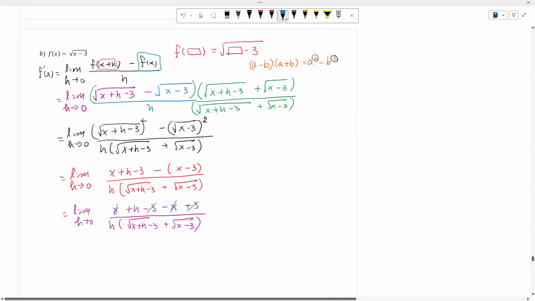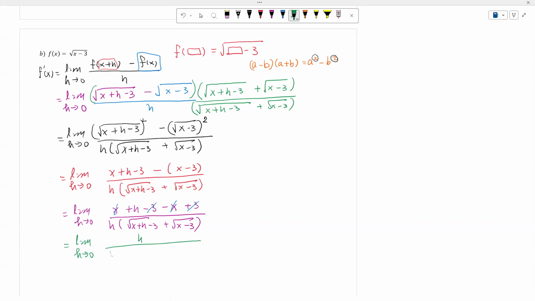Negative 3 plus 3 cancel out. h over h times square root of x plus h minus 3 plus square root of x minus 3. Okay. h and h cancel.